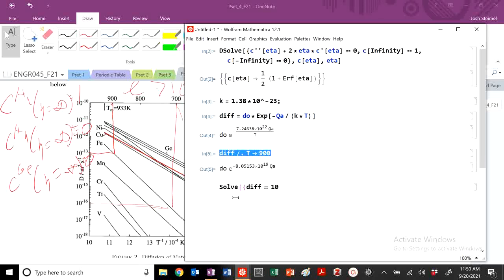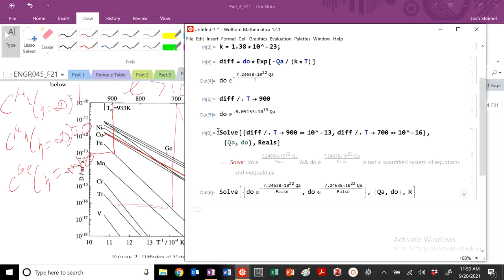So let's see if this gives us the nice values. That is equal to 10 times 10 to the minus 13. And then I also need to solve diff. When we go down, I think it goes down to minus 16 meters squared per second, thankfully, at 700. And then I want to solve for Qa and D naught, and then I want to do the reals.